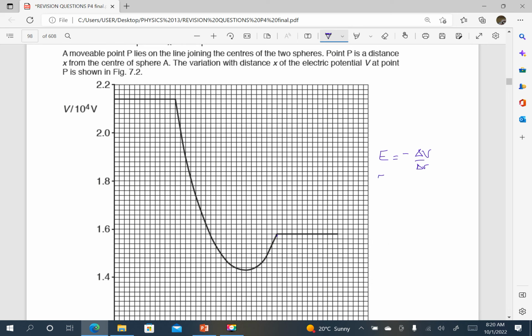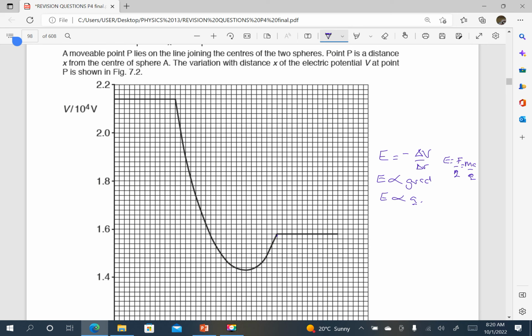So that means electric field strength is going to be directly proportional to the gradient. And we know also that electric field strength is the force per unit charge, which is ma over charge, which means electric field strength is directly proportional to the acceleration.